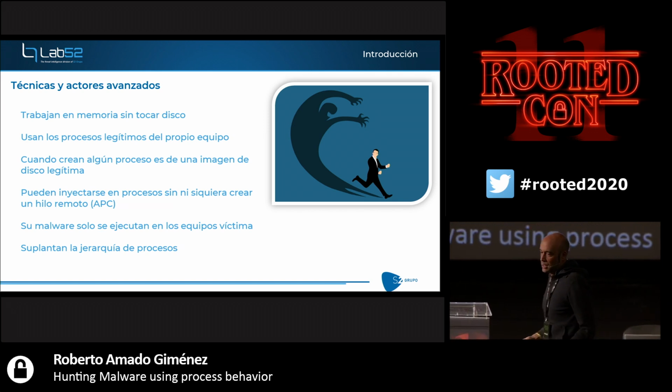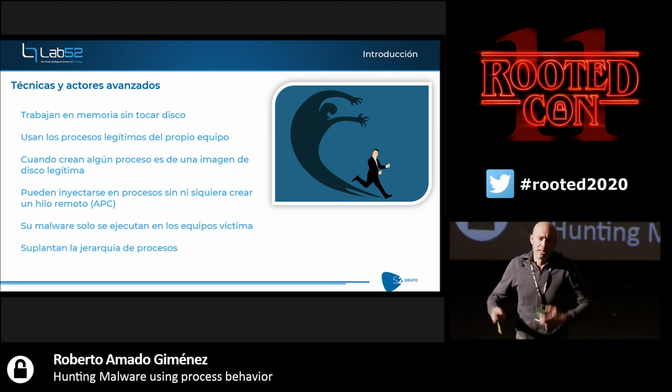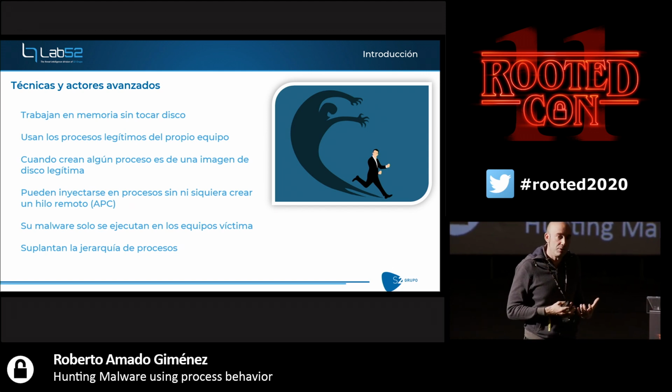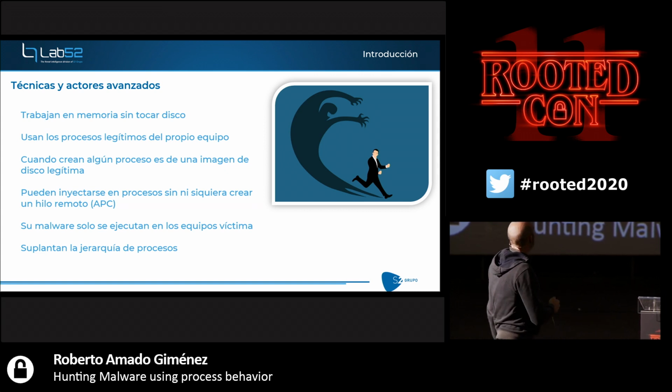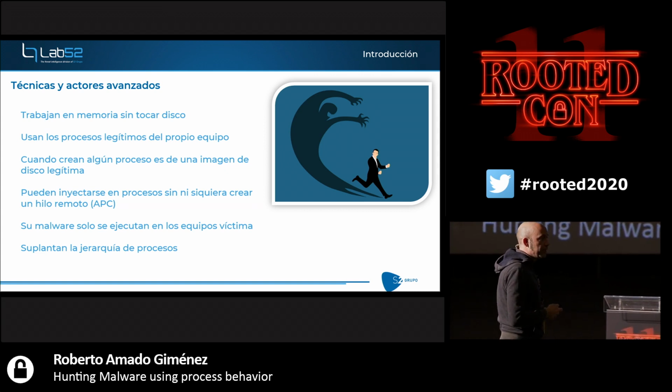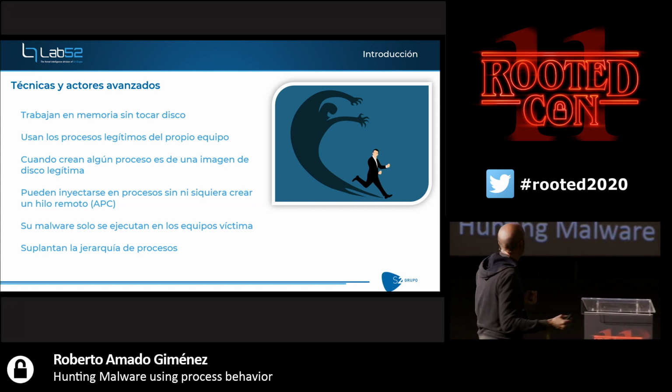So we find actors in front of us that work in memory, so they don't work with files and disk. They work in the memory without having artifacts. So we have actors that use the legitimate process of the equipment to execute actions.